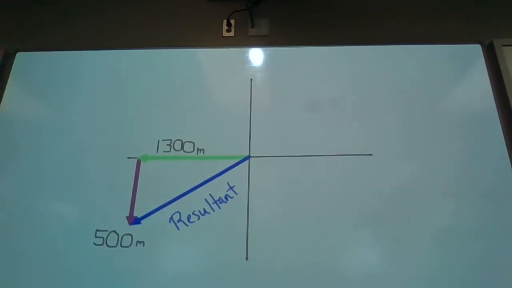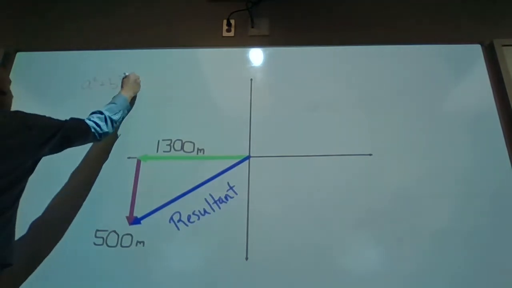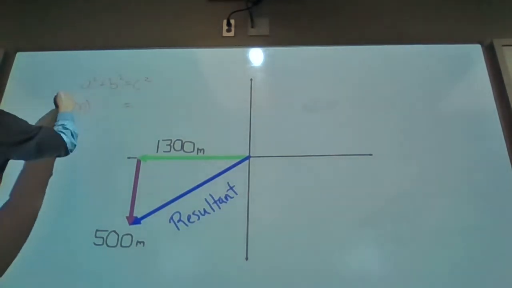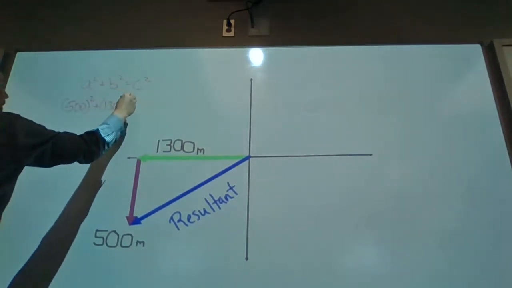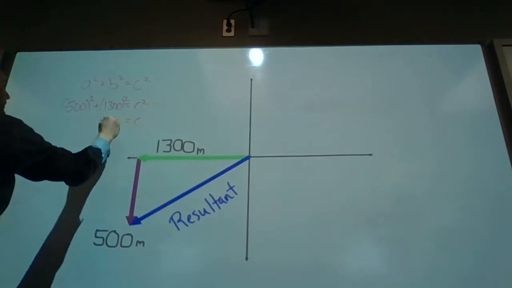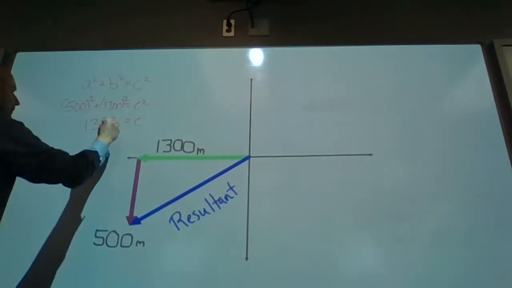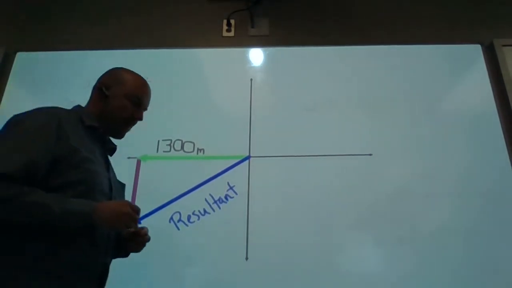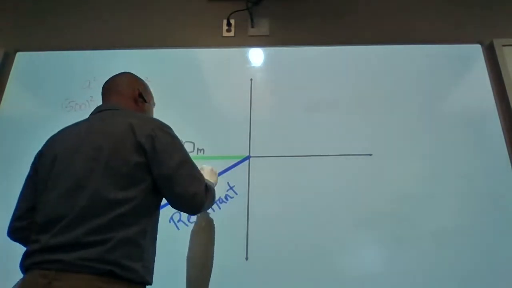Okay? So I have 500 squared plus 1,300 squared is equal to c squared. Find that to be 1,393. That's 1,393.